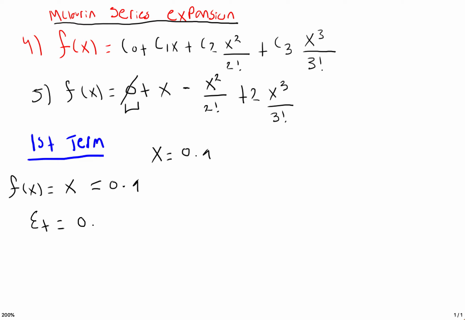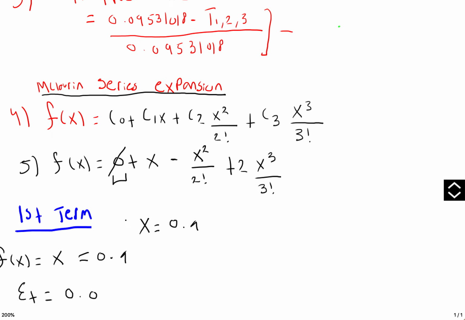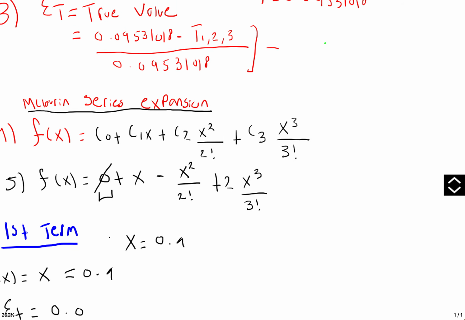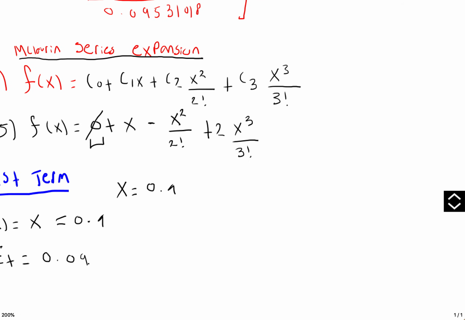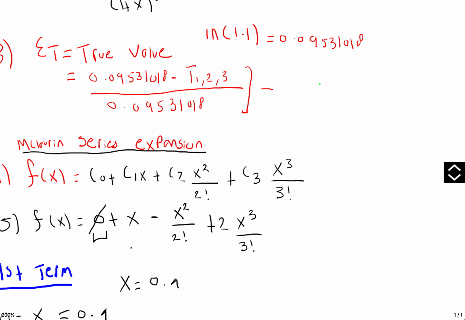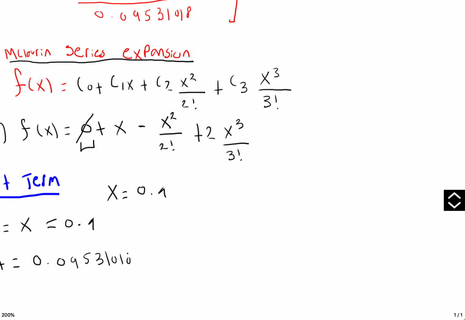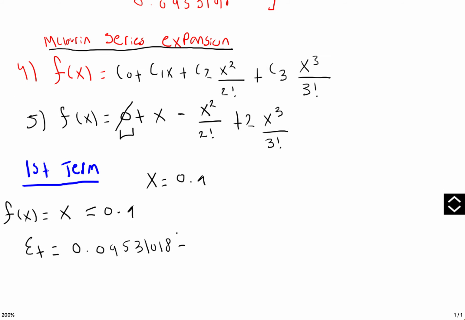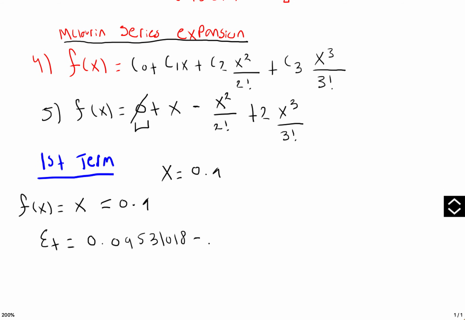So you would do 0.09531018, then subtract the Maclaurin series for the first term, 0.1, and then it would be all over 0.09531018, and then you multiply this by 100%.